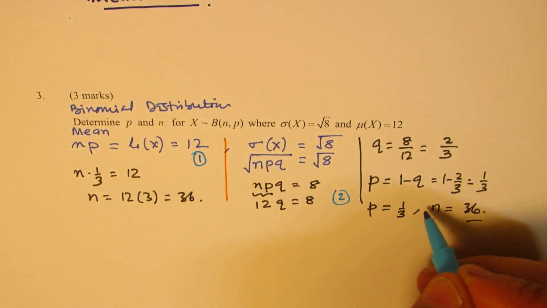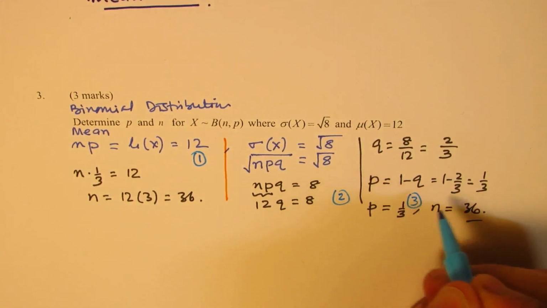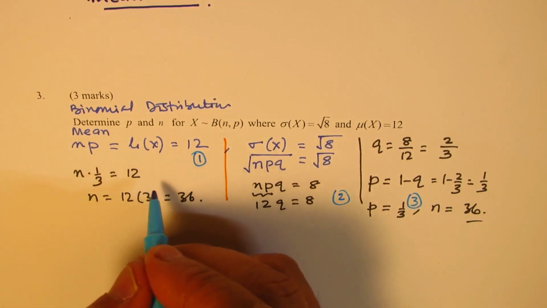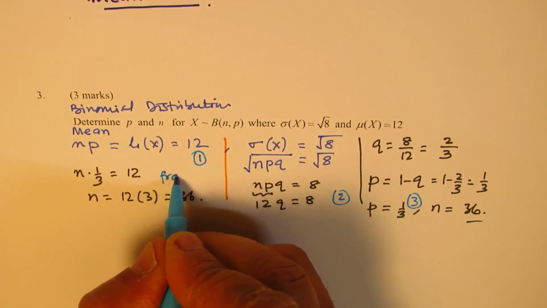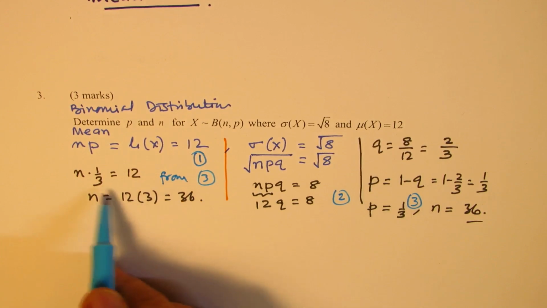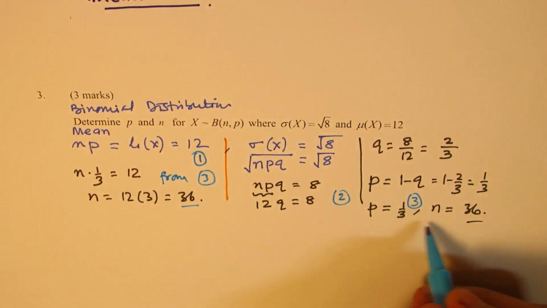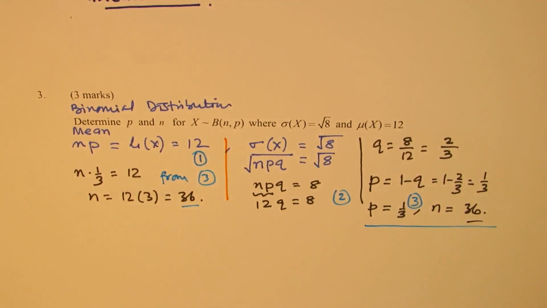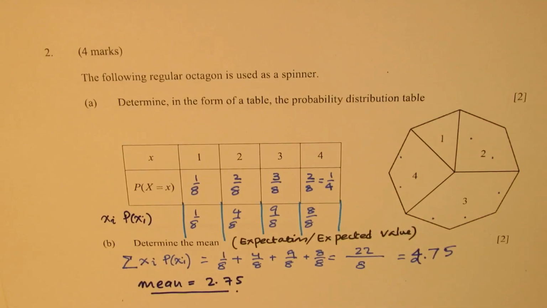First we find the value of P, and then from equation 1 we get the value of N, and that becomes our answer. Is that clear to you? So that is how we can answer these 3 questions, which are based on random variables, correct?